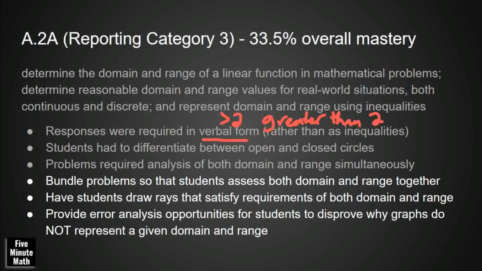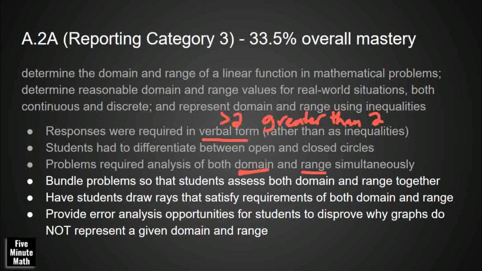So that adds a little bit to being able to translate number inequalities into verbal descriptions or written form. They had to differentiate between open and closed circles, at least in the first problem, for greater than or equal to. And then both problems required analysis of both domain and range simultaneously. Well, the first problem just had the range, but the second one had both domain and range.